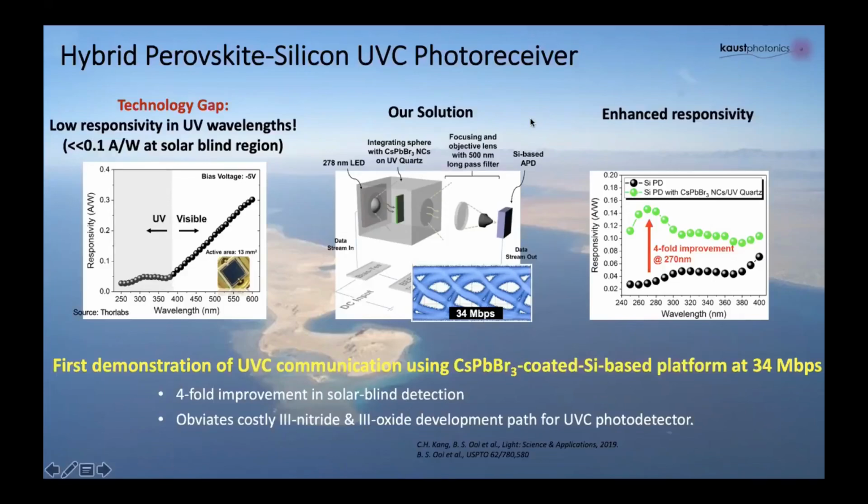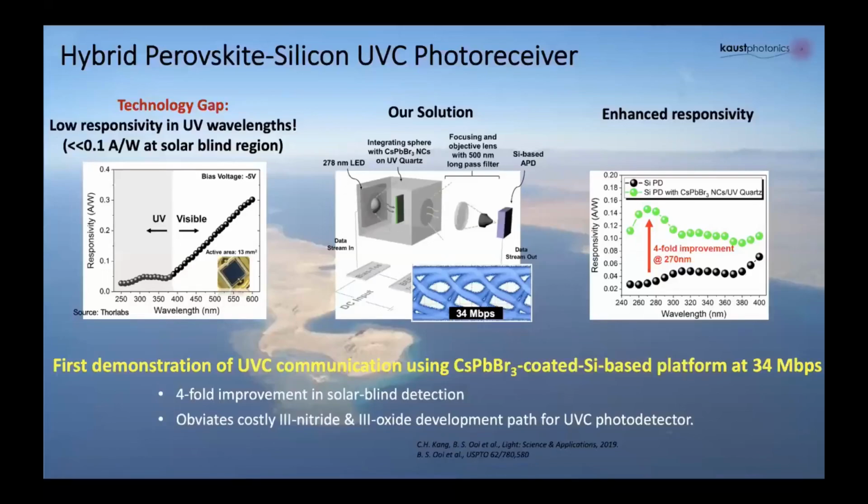We know about the response time of our perovskite material, it has to be in gigabit per second, as we demonstrated in our laser-based solid-state lighting and VLC system. And in this study, we get about 34 megabit per second. The speed is not limited by our perovskite material, but it's limited by the light source that is available to us.